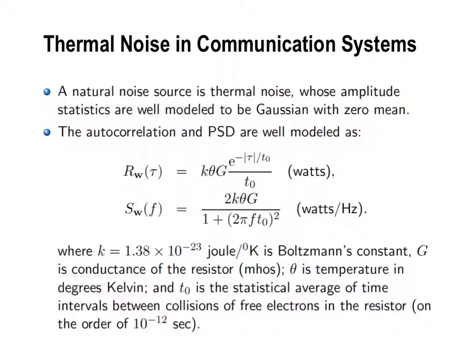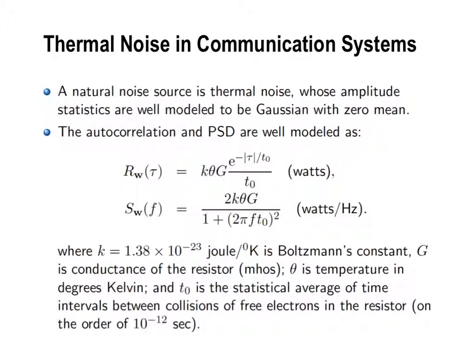This is power. Now, if we are thinking of noise as a random process, then that random process can be represented by the autocorrelation function in the time domain or the power spectral density in the frequency domain.